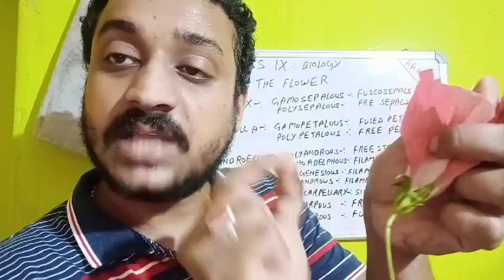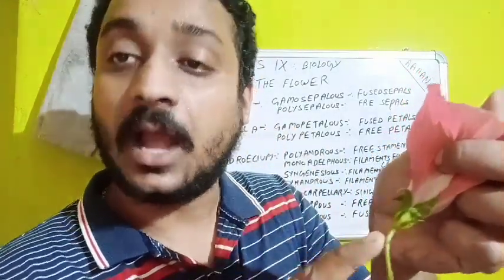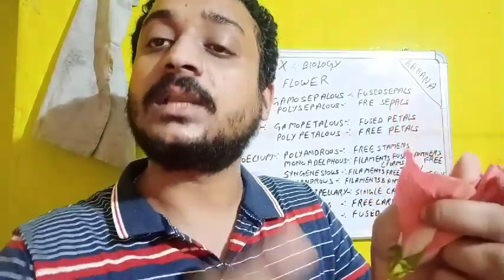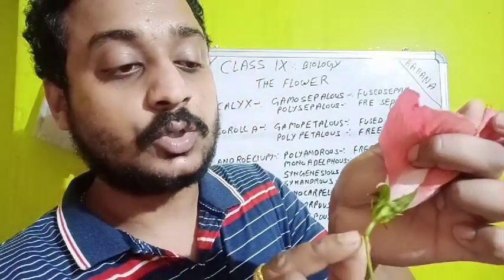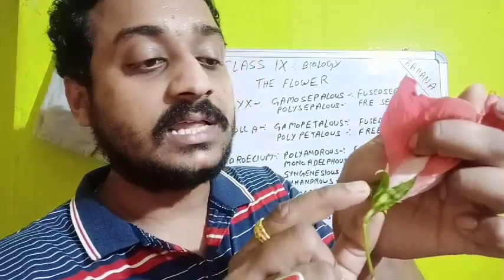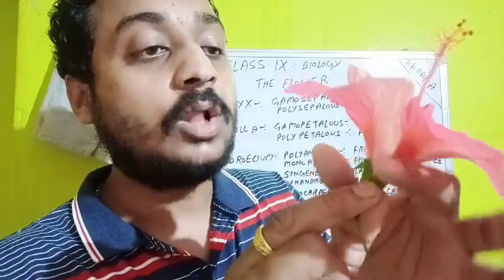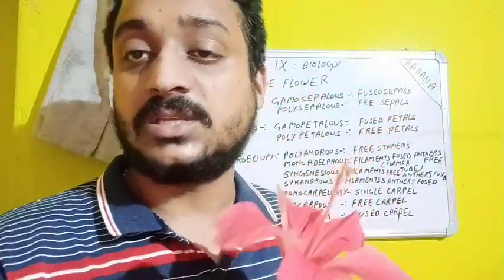Where the flower is attached to the main plant, that is the pedicel or peduncle. You can say pedicel also, and we can say peduncle also. So this part through which it is attached to the branch, that is the peduncle, and the receptacle or the thalamus where all the floral parts, calyx, corolla, androecium, gynoecium are situated.